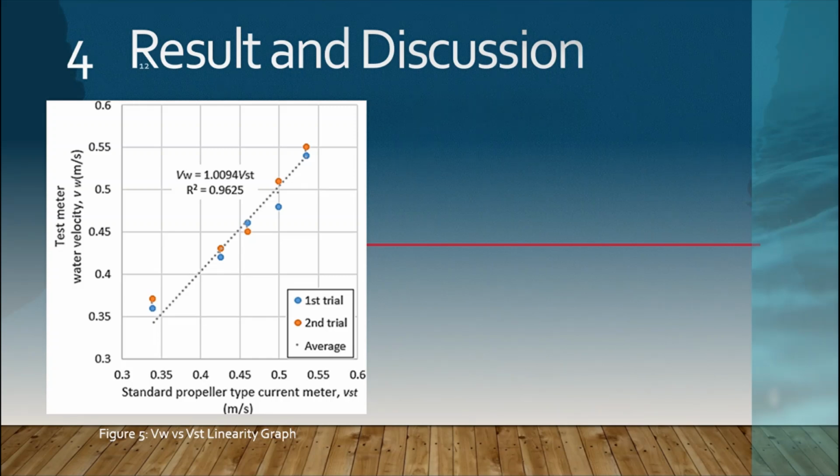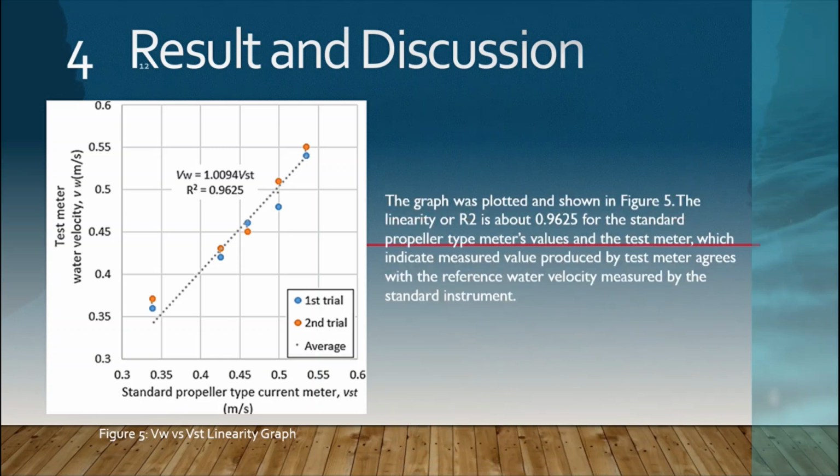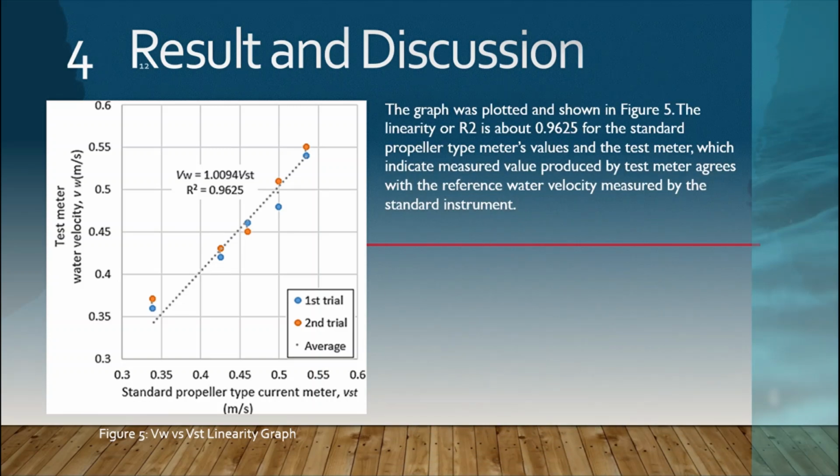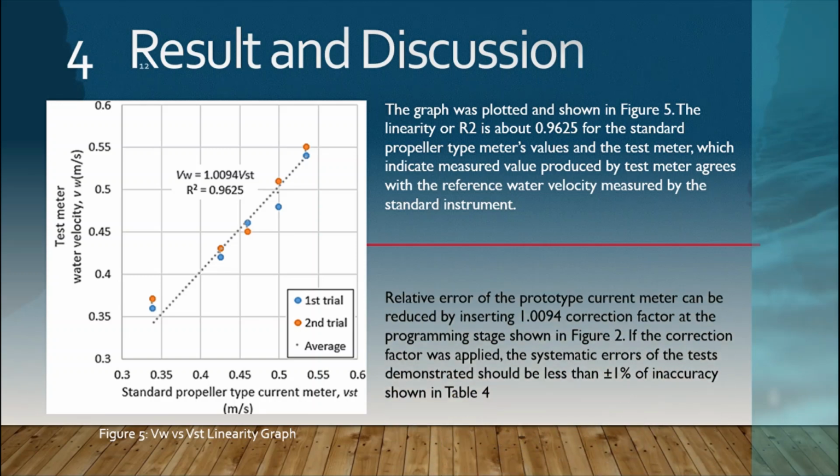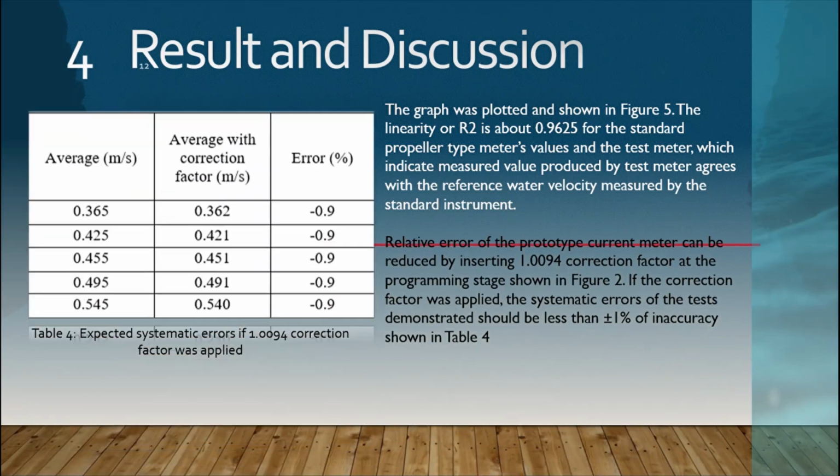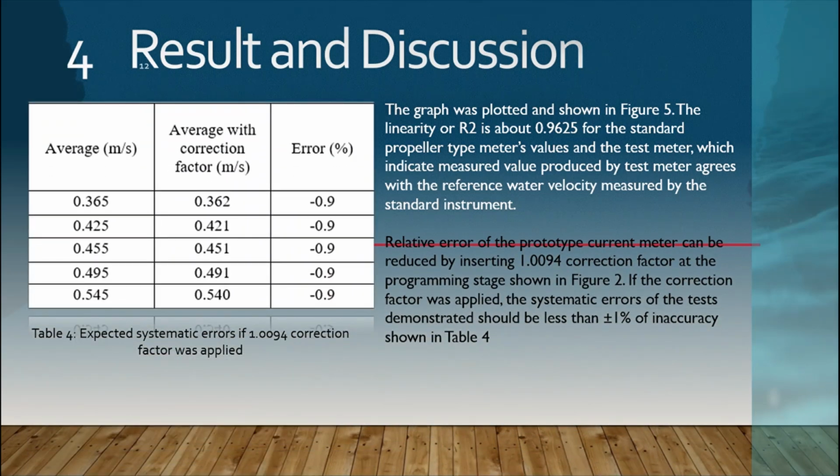The linearity R squared is about 0.9625 between the standard propeller type meter value and the test meter, which indicates the measured value produced by the test meter agreed with the reference water velocity measured by the standard meter. The relative error of the prototype current meter can be reduced by inserting 1.009 as a correction factor at the programming stage shown in figure 2.